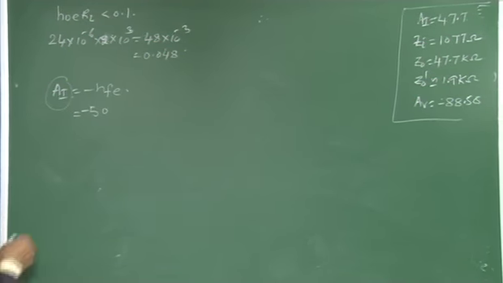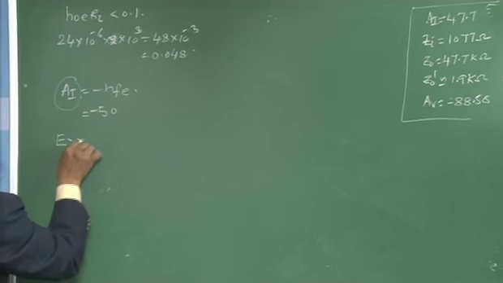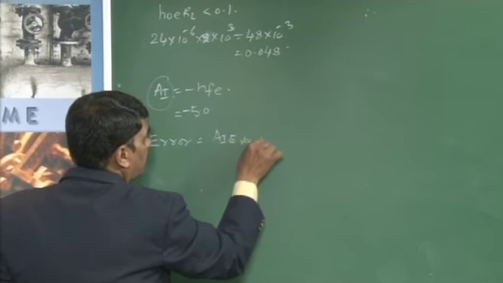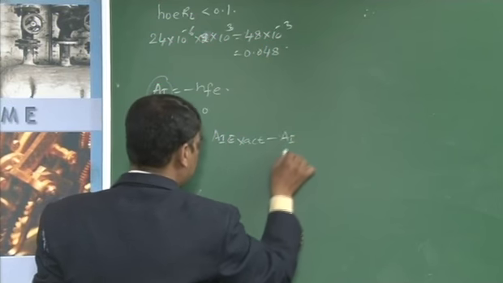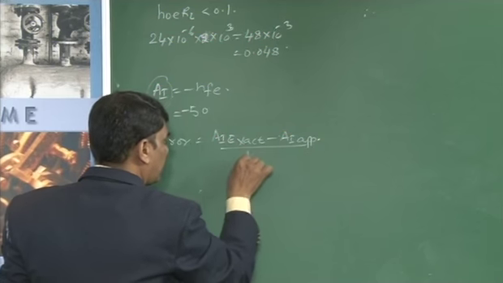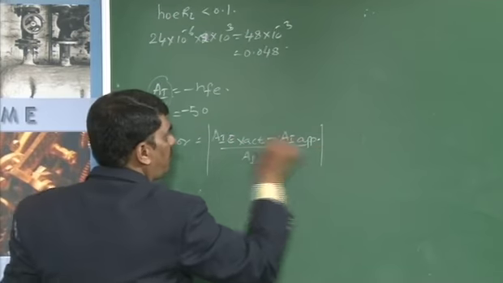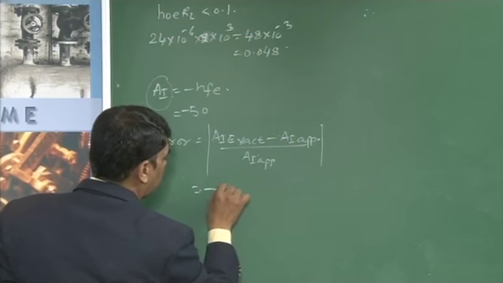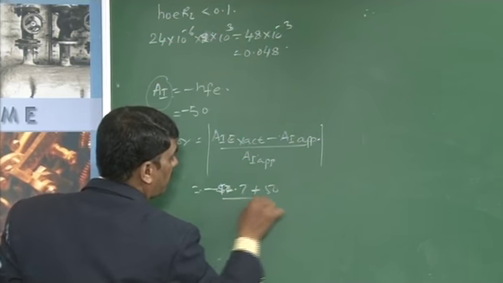minus 47.7 and from the approximate analysis is minus 50. Then the error is defined as AI exact minus AI approximate divided by AI approximate. You have to take the absolute values. Then this is equal to minus 47.7 minus minus 50, divided by minus 50.